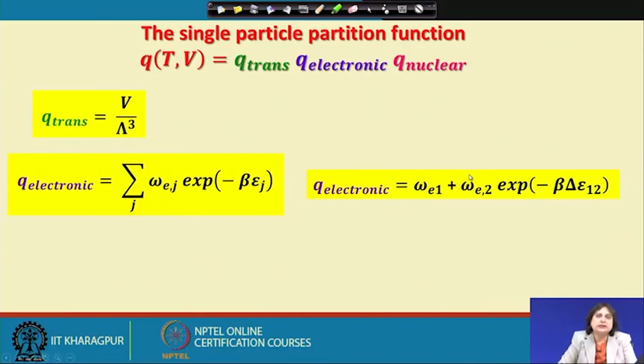Now, what use is this? The use is that, where do we get information about these energy values? We get them from spectroscopy, and in spectroscopy you see that the peaks appear at certain energy values which correspond to the energy difference between the starting state from where the transition occurred to the state up to where the transition took place.